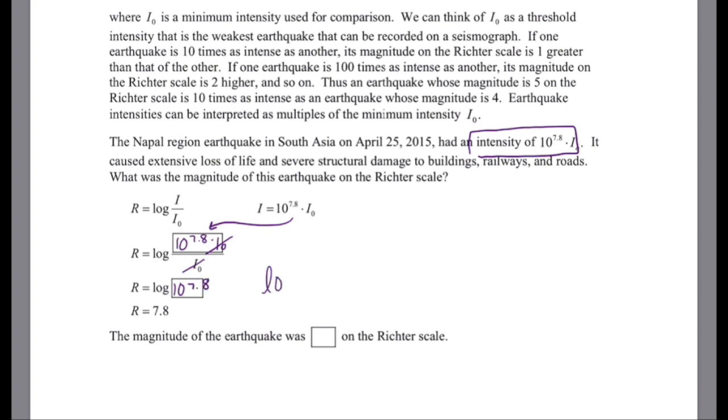Notice that this is log base 10 of 10 to the power of 7.8. So these logs cancel each other out, and all I'm left with is 7.8 on the Richter scale. And this concludes our lesson on logarithms.